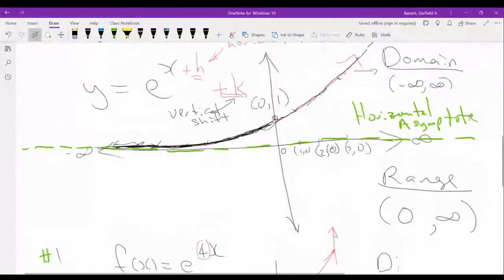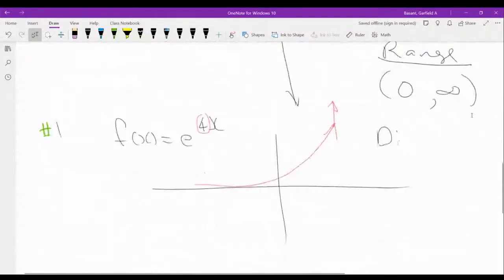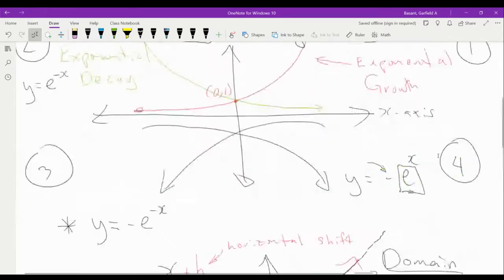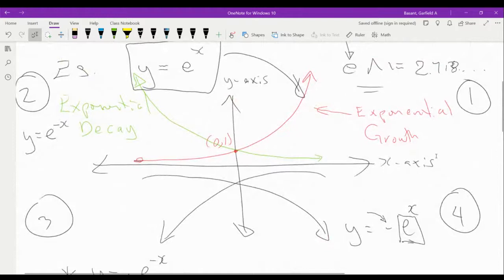Is it the same thing as this graph above here? Negative infinity to positive infinity. Yeah, and for all these exponential functions, the domain will never change, okay? If you go back to all of them, 1, 2, 3, 4, they're going all the way from left to right. So the domain will always be negative infinity to positive infinity.